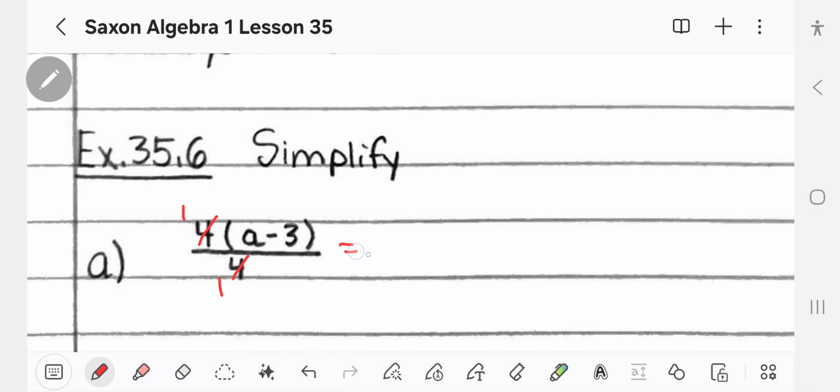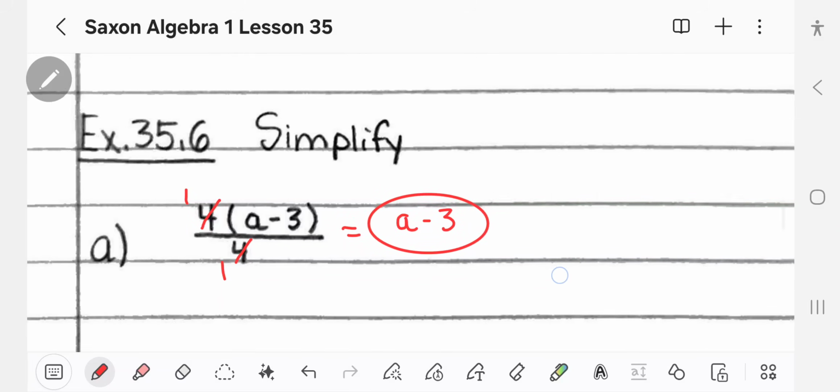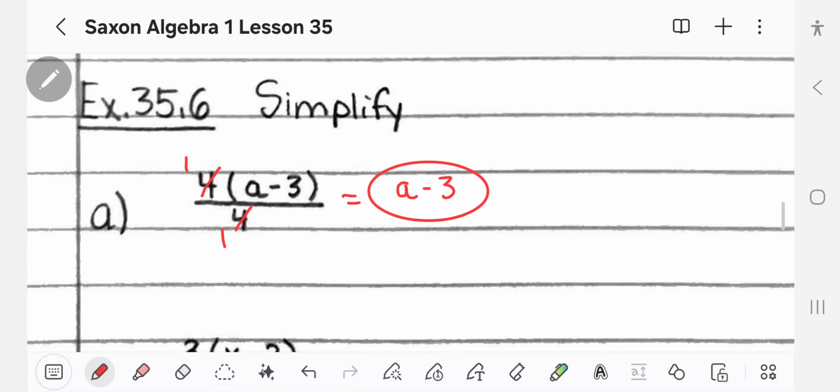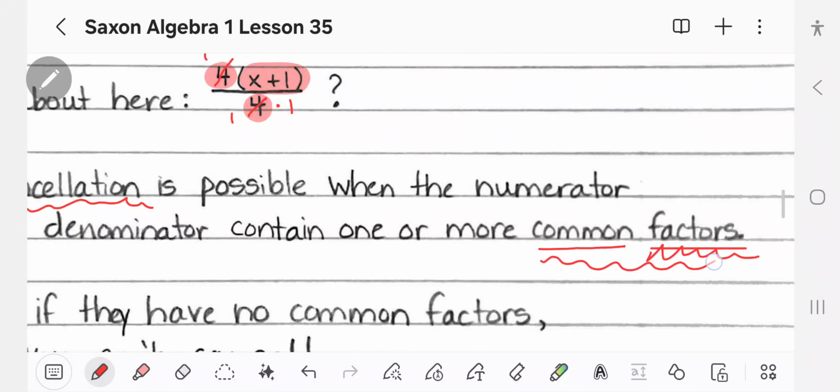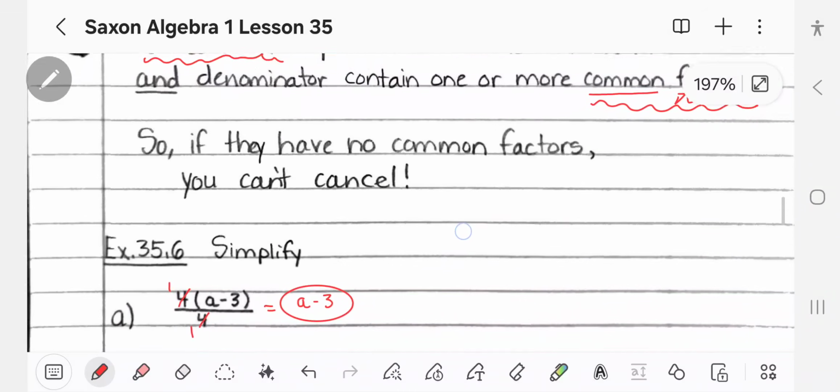And we end up with 1 times a minus 3, which is just a minus 3, over 1, right? But doesn't that just simplify to a minus 3? That is an appropriate time to cancel because we had a product. And the numerator and denominator had common factors. Remember we talked about here, common factors.